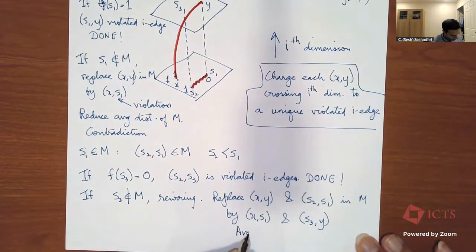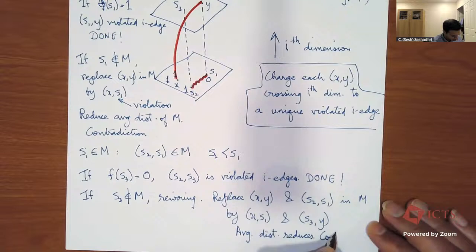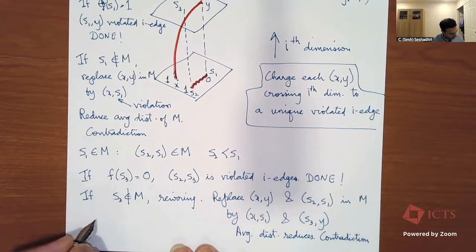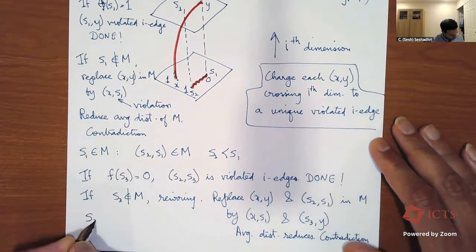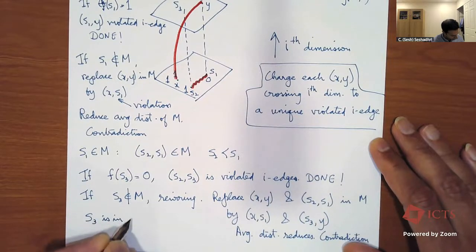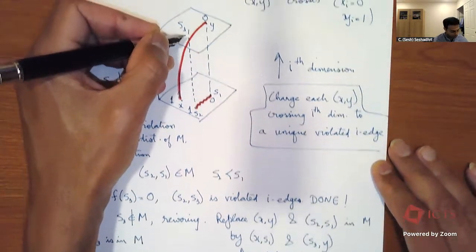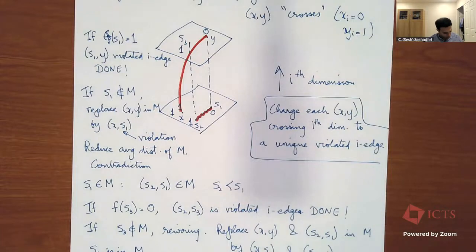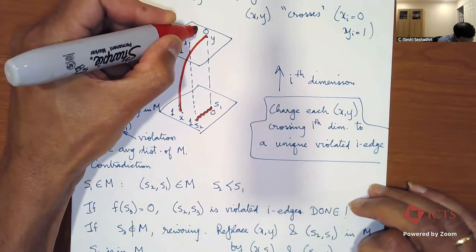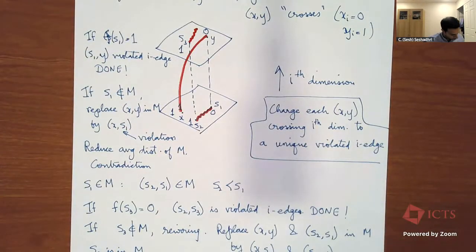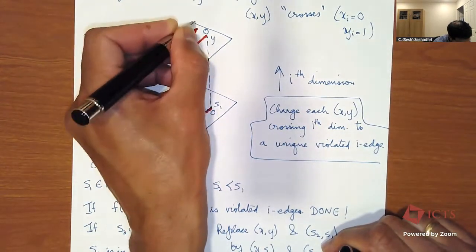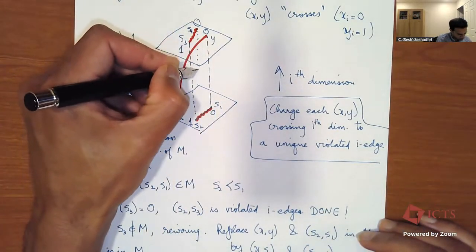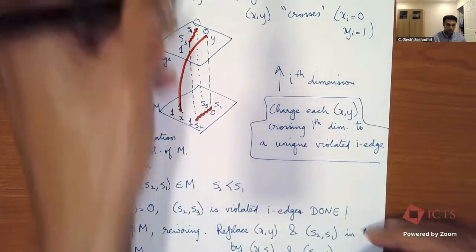And again, what happens is that the average distance reduces, contradiction. So what you will get is that again, S3 is in M. So S3 will have a value of 1. And we end up at some S4 with a value of 0. You project to S5 and you repeat this argument.